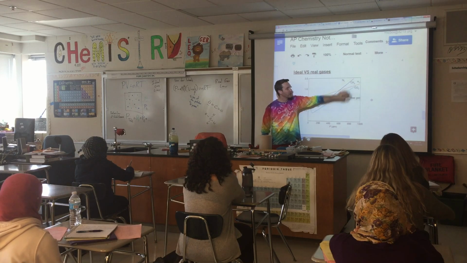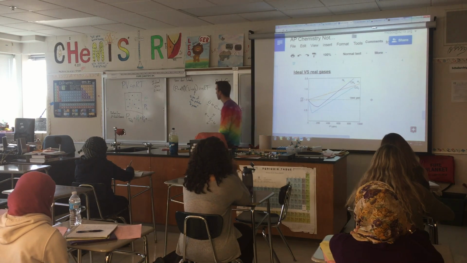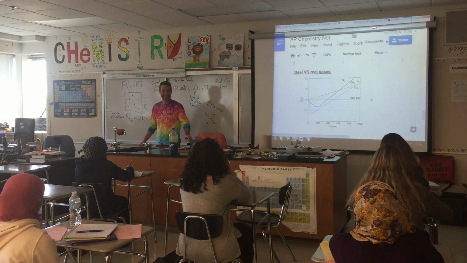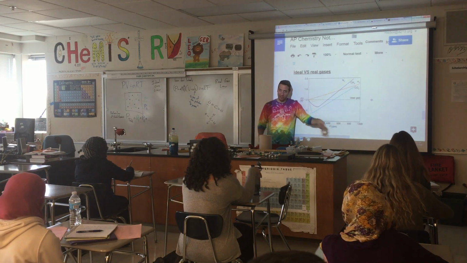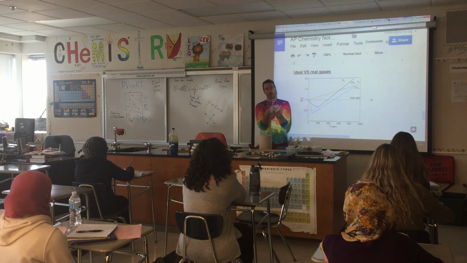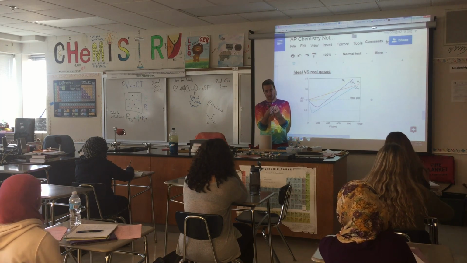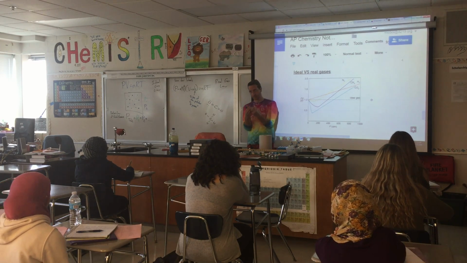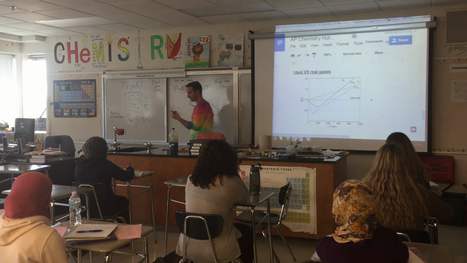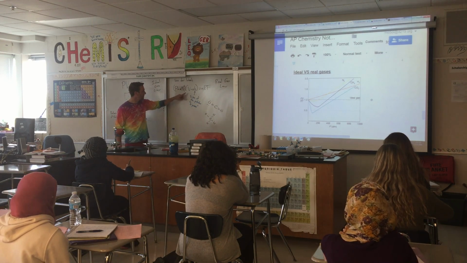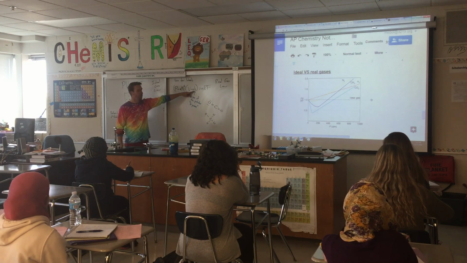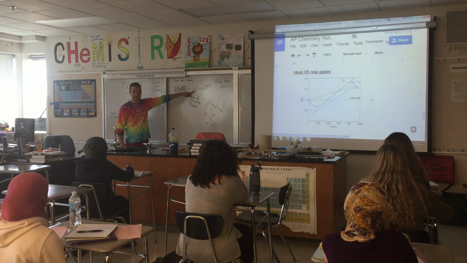Why are they above the line over here? Probably from the bigness, right? If we're getting these really, really super high pressures, the particles have got to be really close together. And if they're really close together, they're really going to be running into each other.